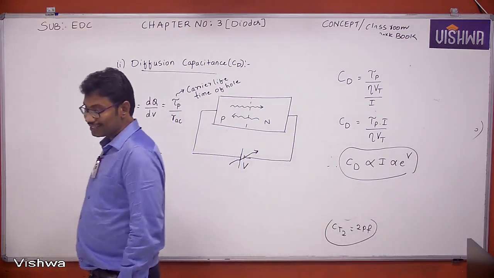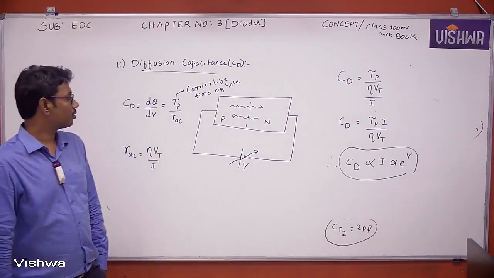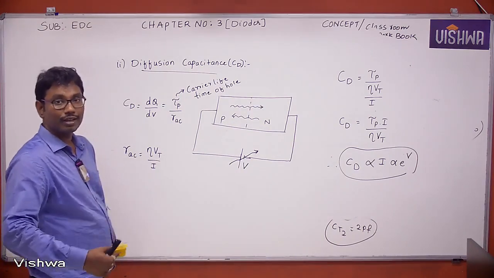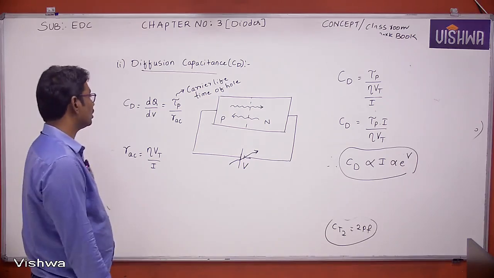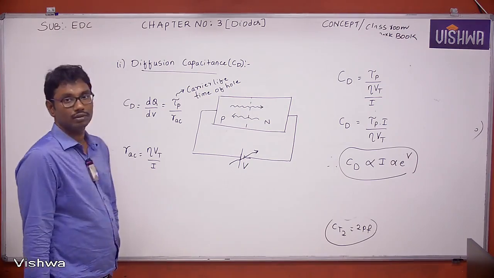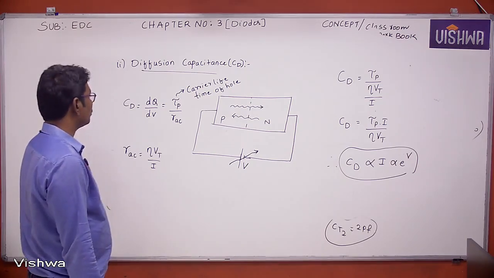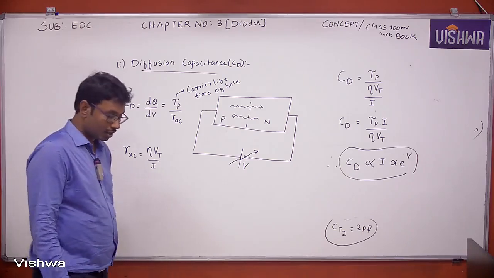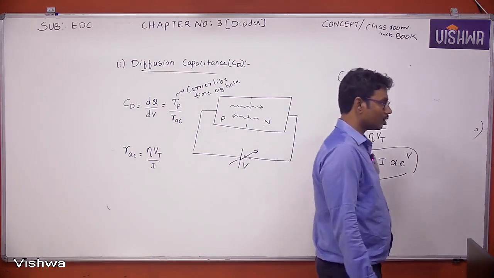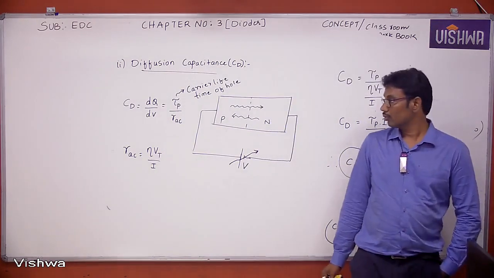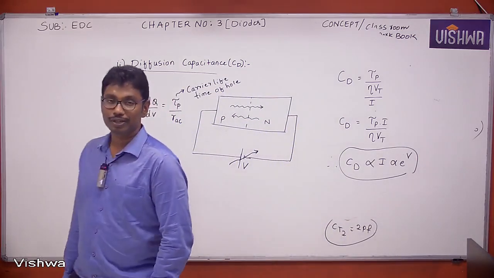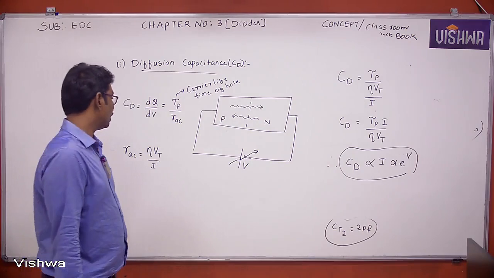When the forward voltage is increased, the majority charge carriers are injected from P to N or N to P. Then the injected charge is varied with respect to applied voltage.